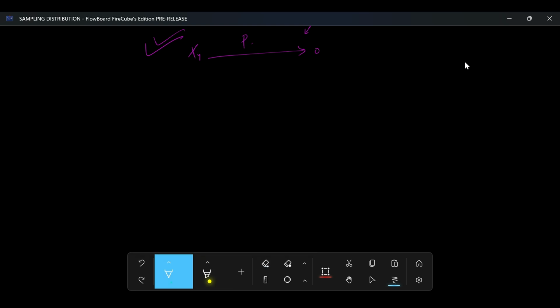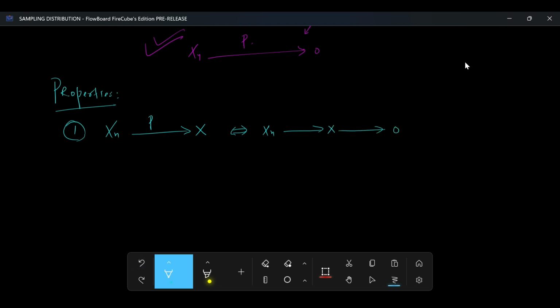Now see properties. Number one, if Xn converges to X in probability, then Xn minus X converges to 0 in probability, if expectation is 0.